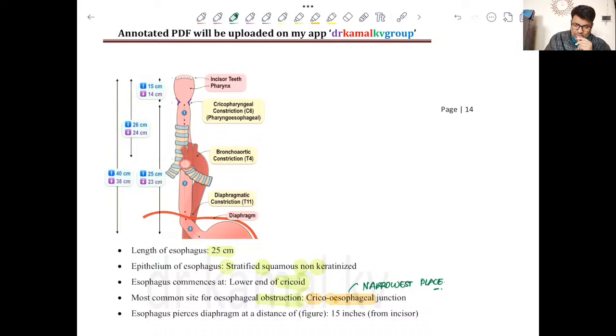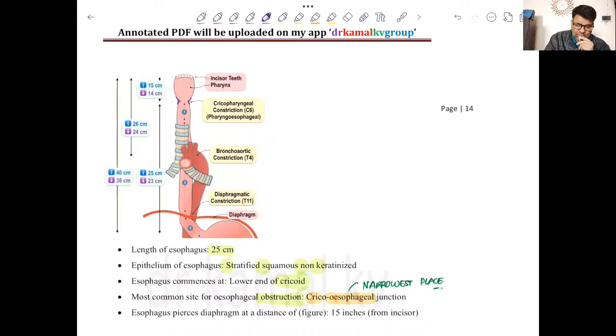And then related to aorta and esophagus, many times we have questions here. So this bronchoaortic constriction is usually around 27.5 centimeter. This is asked many number of times, that at what length the aorta crosses the esophagus, or creates a constriction in the esophagus.